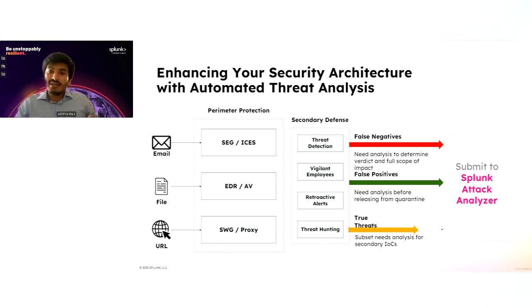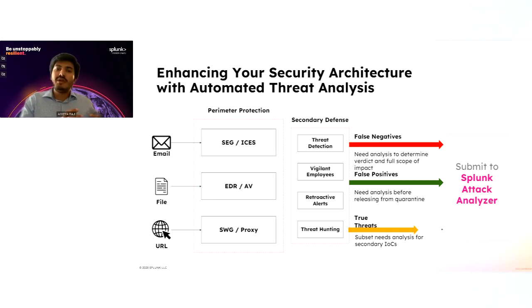So we provide a bunch of things to you. You can do threat hunting here. You can do retroactive alerts from here. Vigilant employees can report an email that can land into Splunk Attack Analyzer. And there is some threat detection that we are providing which is state of the art. We want to make sure that, hey, these are false positives, these are false negatives, and these are true threats.